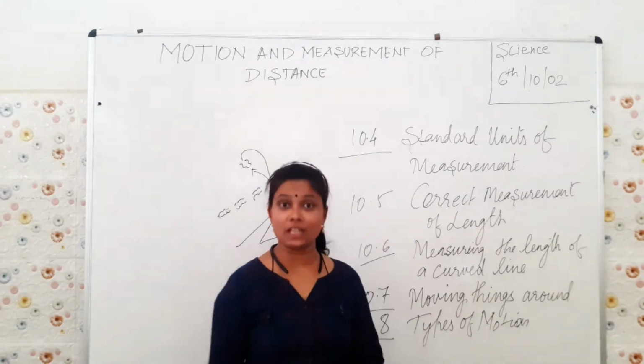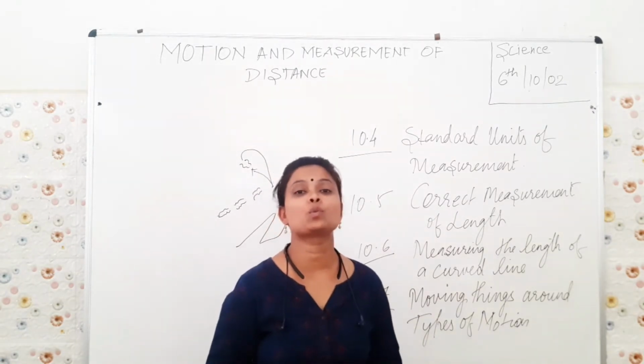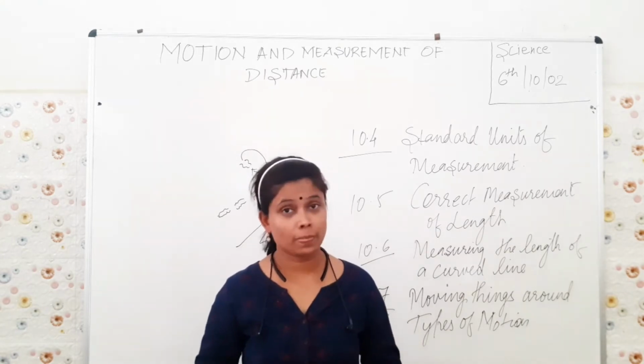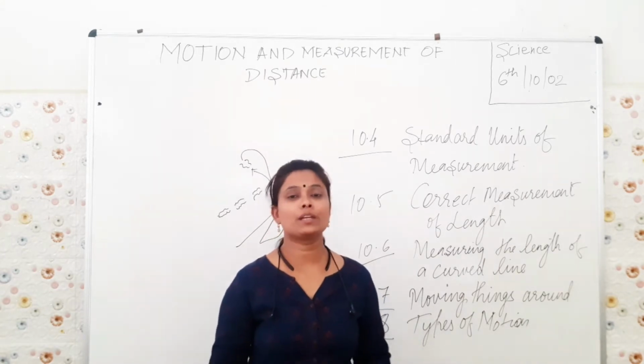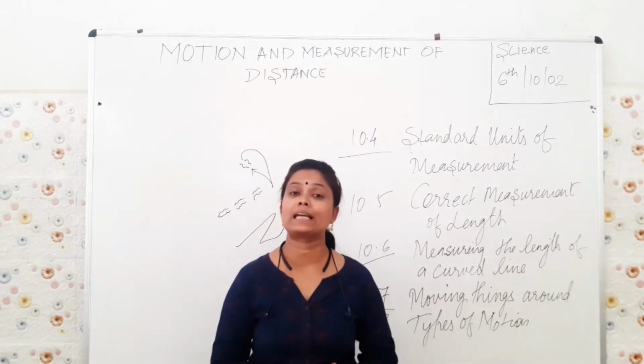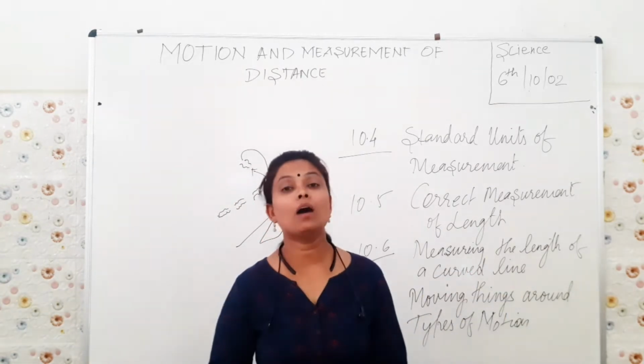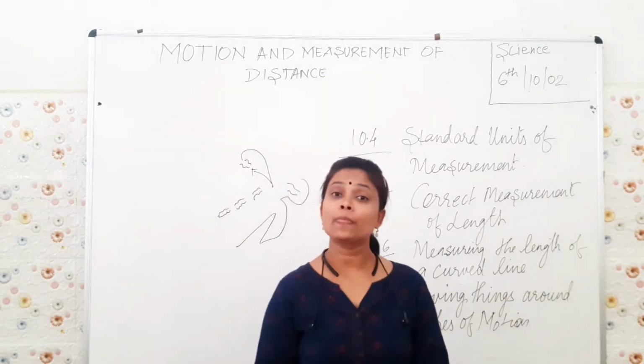Suppose you have to measure that, what can you use? Again you can use a thread. If it is almost a straight line, you can use a measuring tape or a scale. How long it is, how long a distance it has covered.